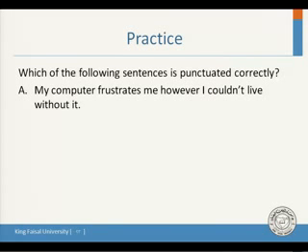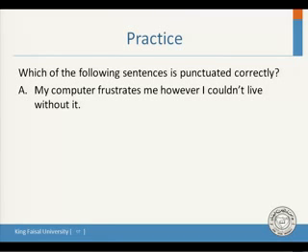It's similar in meaning to the word but. What punctuation marks do we need? Now however is not a coordinating conjunction. It's an adverb. It's a conjunctive adverb, as we studied in this lecture.